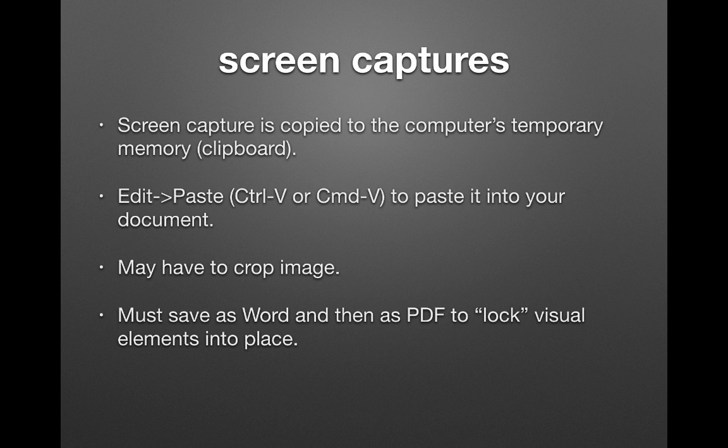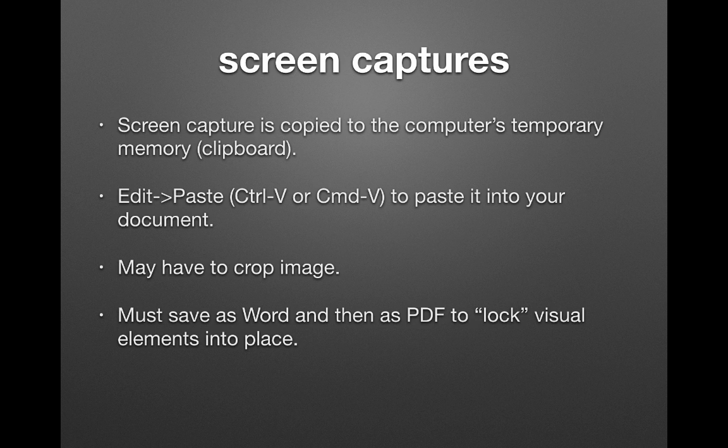And if it's larger than the margins on the document, it'll make it as large as the margins. So it can't go beyond that. And if you were to do a screen capture of a YouTube video, and then you wanted to crop it down so it's just the image of the video, you may have to select a larger part of the screen to capture, but then just crop it down using the image editing tools in Microsoft Word.